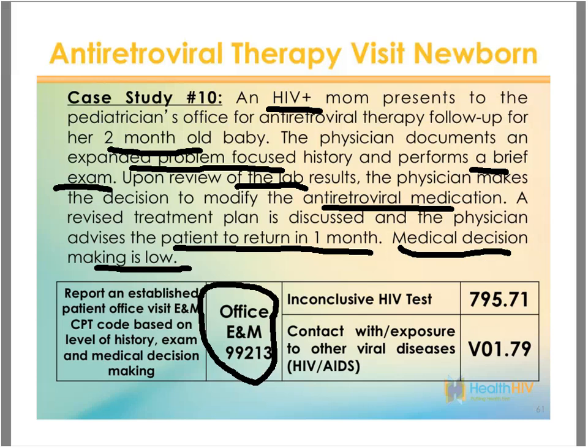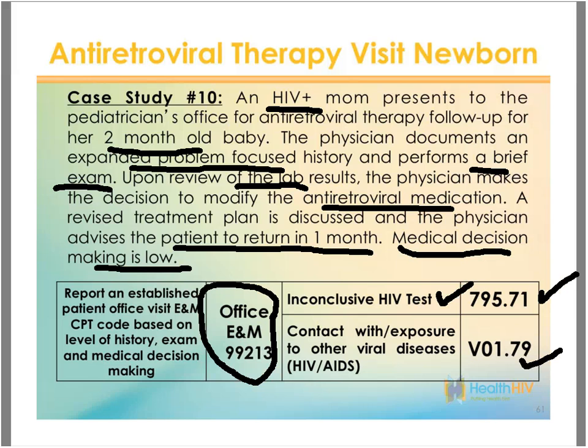We discussed that for newborn babies, their lab results are going to be HIV positive, but it's because of the mom's antibody status. So the principal diagnosis is 795.71. The diagnosis code for contact with or exposure to V01.79 is included.